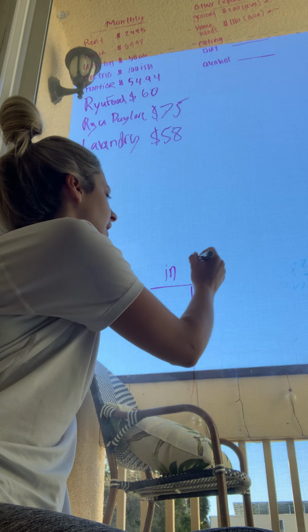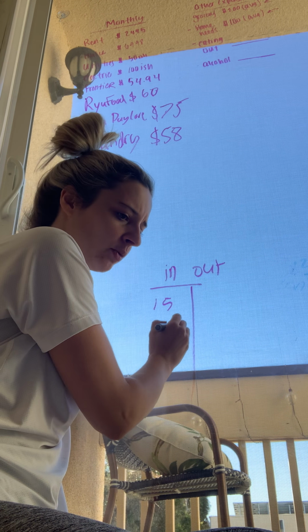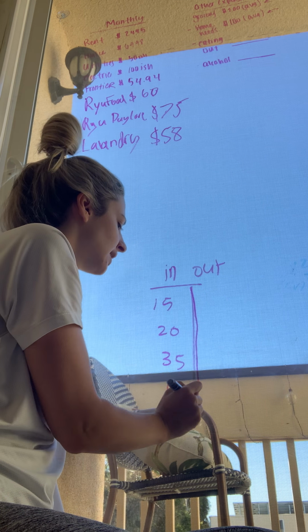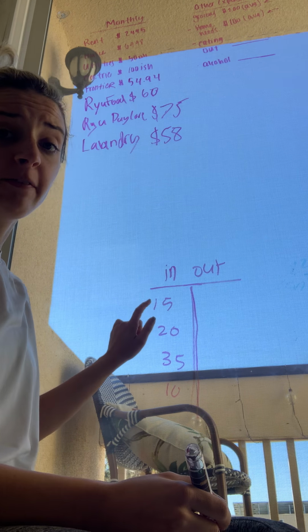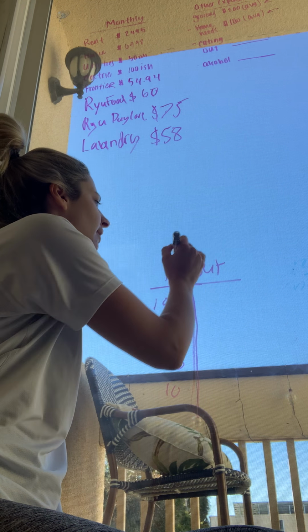So we have our in and our out. And they give us 15, 20, 35, 10. Okay, they give us that. And we are looking for 1/5 of these numbers. So the rule is multiplying by 1/5.